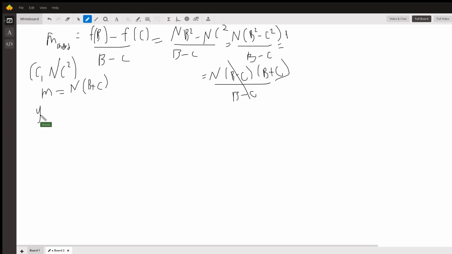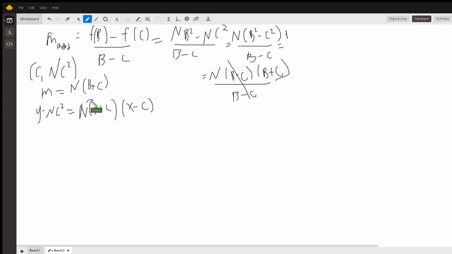So now we write this equation. So we have y minus nc squared, y minus y1 equals the slope times x minus x1, which for us is c.